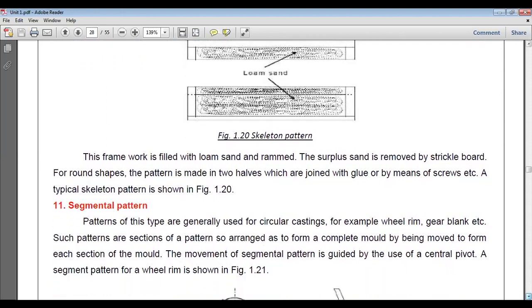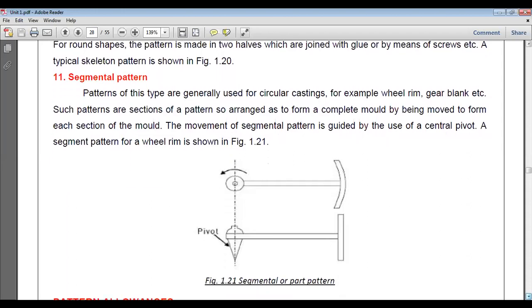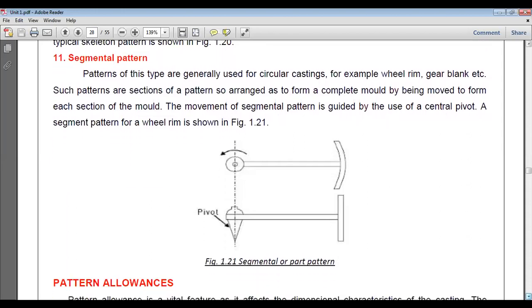Last one is segmental pattern. We discussed the sweep pattern, and this is more or less similar to the sweep pattern. In a sweep pattern, we make 1 by 8th or 1 by 16th or 1 by 4th of the whole pattern, and we sweep it.